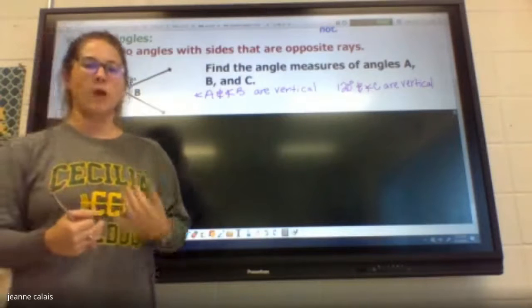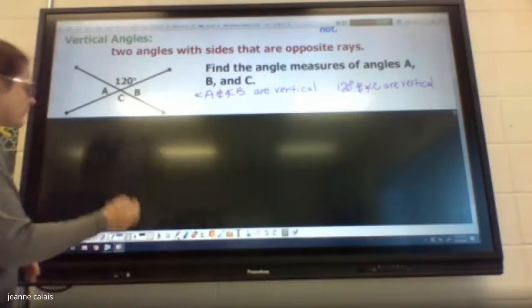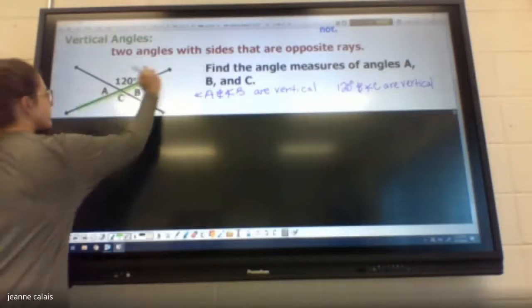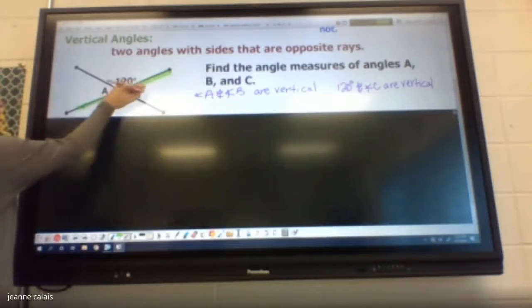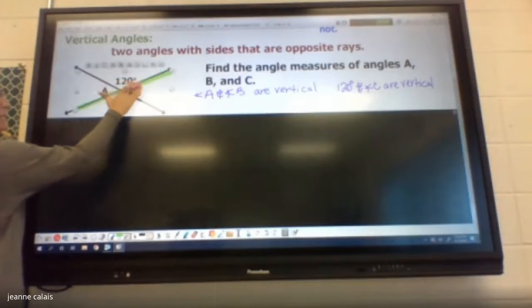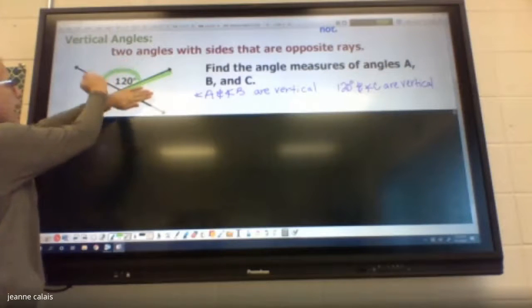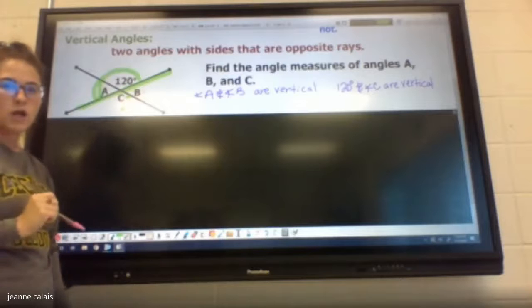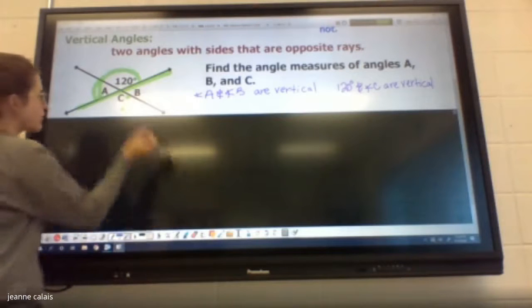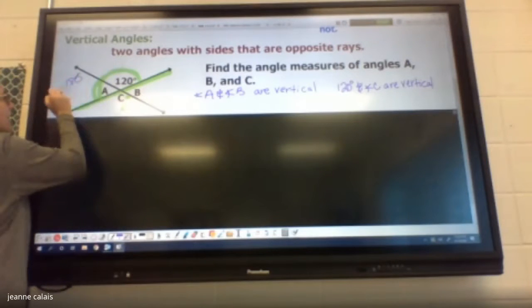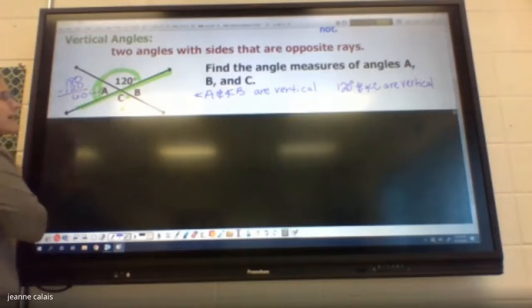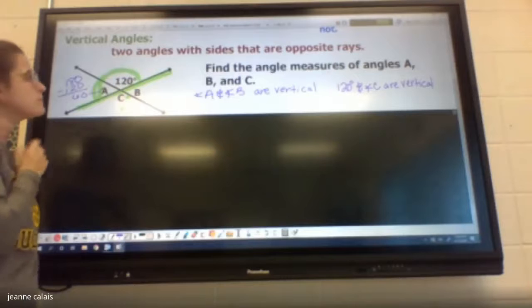Angles that form right angles add up to 90. So if you look right here, if you cover up angles C and B, you can see that 120 and A make that straight angle. So because they make that straight angle, 180 minus 120 is 60.